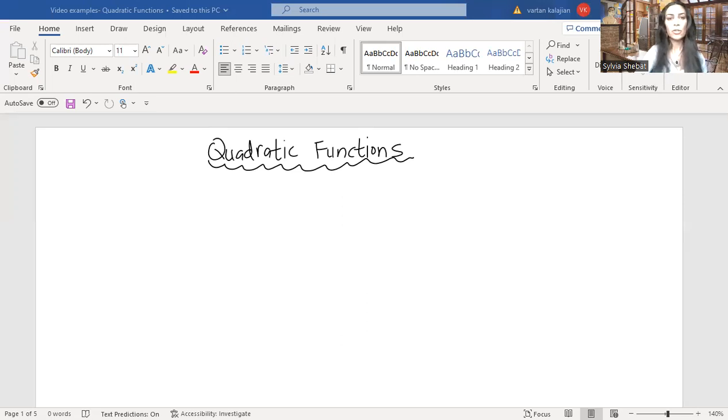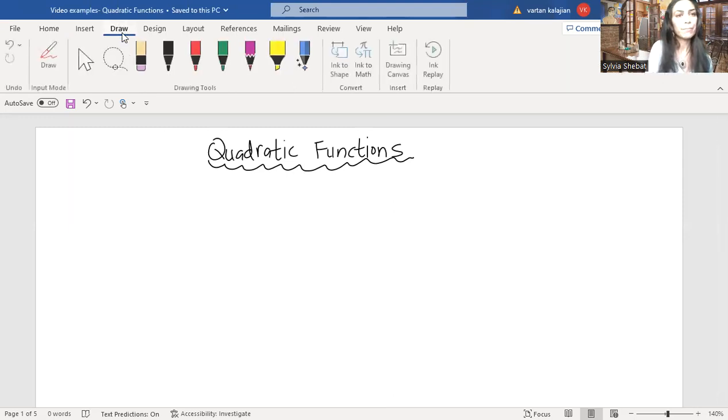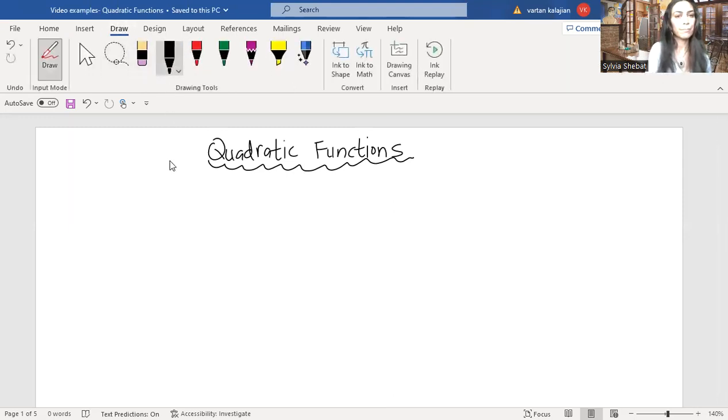So first, just to go over a few basic things. The vertex of a parabola is the turning point of the graph.